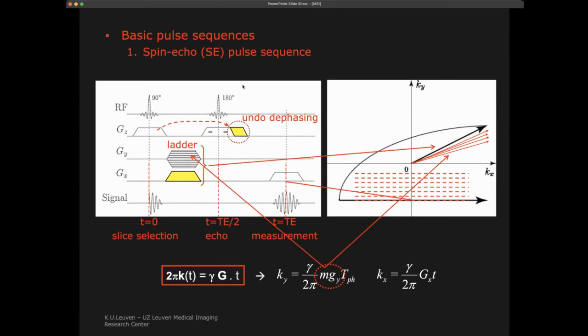And the measurements are related to measuring in the Fourier domain. So with every measurement, I fill up one line in the Fourier domain. And if we then do an inverse Fourier transform, then we have our image.